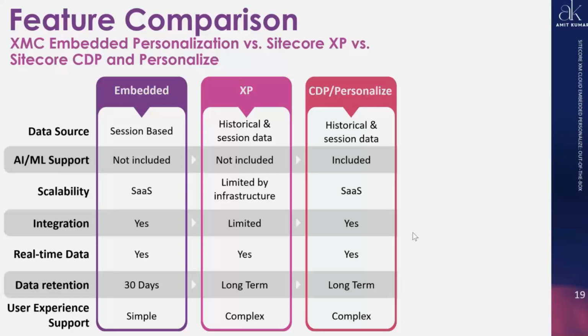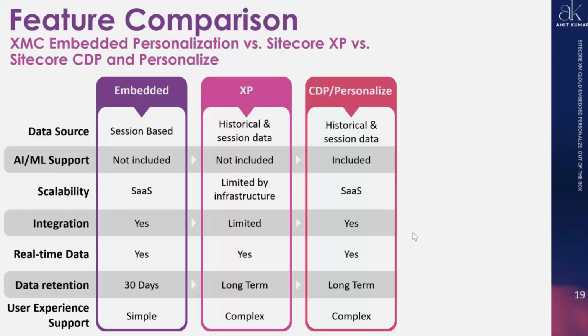Real-time data means all three can work by utilizing real-time data. Like in XP, we have a third-party geolocation service which helps us identify the user location. In the same way we can do it here. Here data retention is 30 days, and in XP and CDP personalization it's long term.